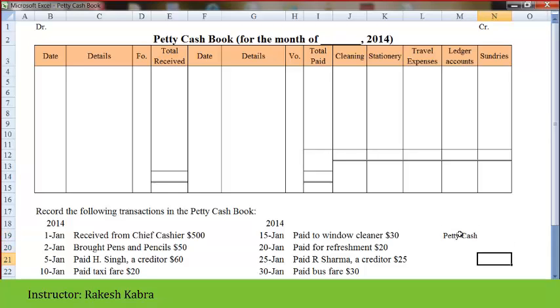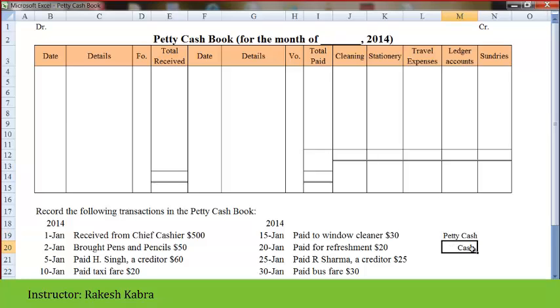And another thing happened: the cash decreased. The main cash, the cash lying with the chief cashier, that decreased, isn't it? The decrease in cash will be credited because both are assets. See, cash is not going out from the business. Remember this, cash is in the business only. But this cash represents the cash lying with the chief cashier, and this cash represents the cash lying with the petty cashier.